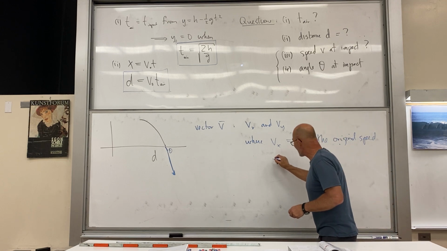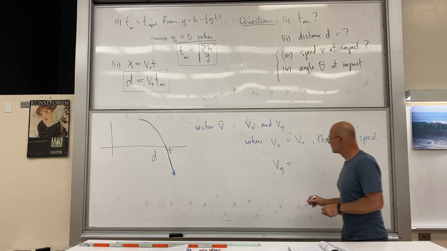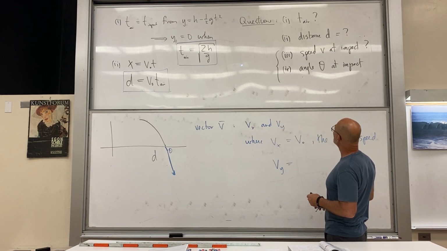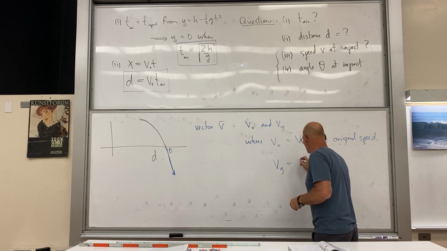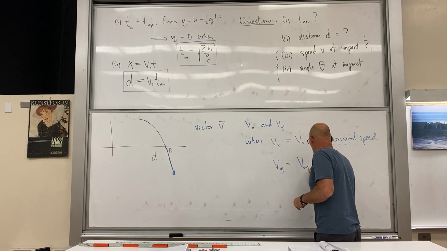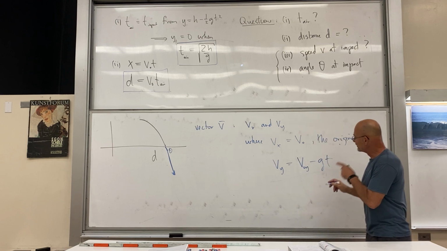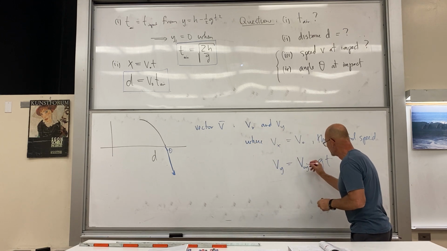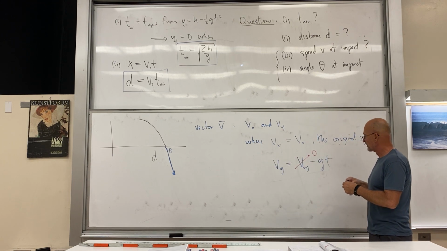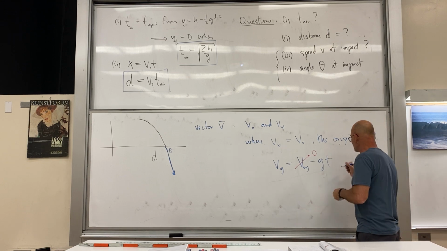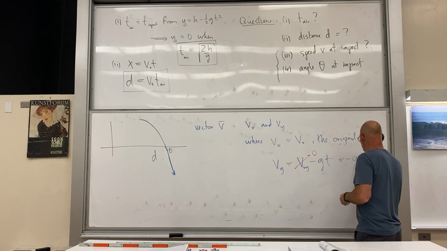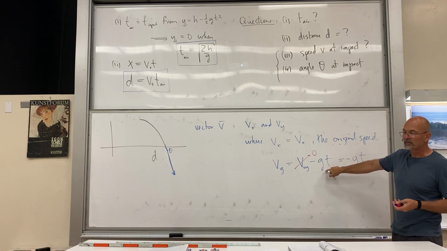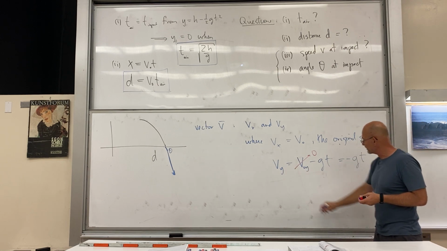But v sub y came out of the fact that we had free fall. Those independent motions gave us v0y minus gt, and since it was a horizontal throw, that was 0. So v sub y is simply equal to minus g times t. Just the free fall: you drop something, it picks up speed. It's just the free fall formula, with different letters.